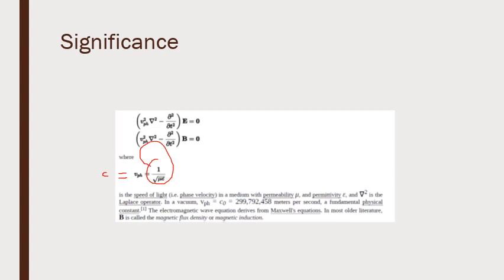If you put the value of mu and epsilon here, where c is the speed of light, mu is the permeability, and epsilon is the permittivity, then if you just put the values, you will get the answer, which is equivalent to the velocity of light in vacuum.